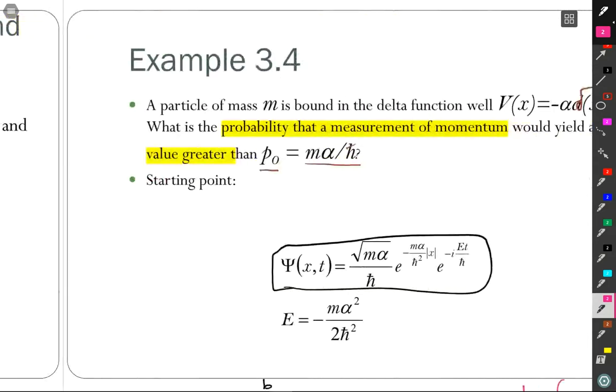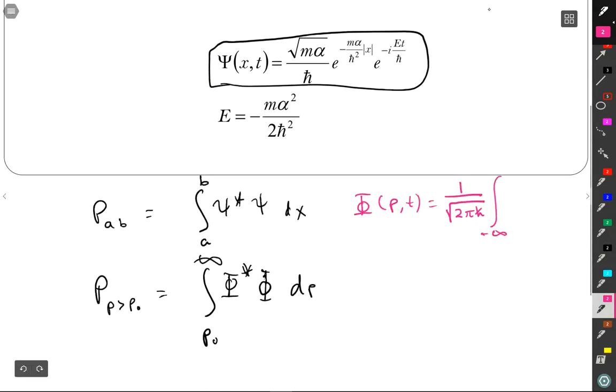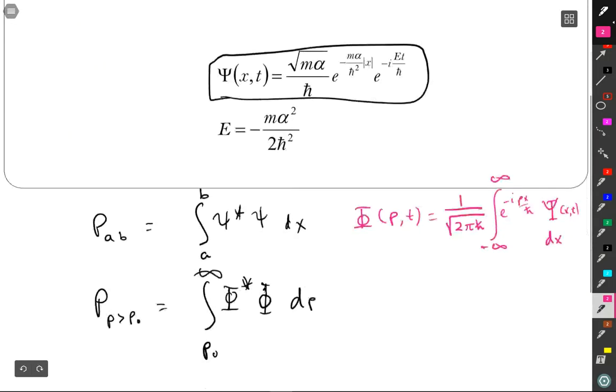So minus infinity to plus infinity of e to the minus iPx over h bar, and I'm integrating the x out of it. So here's the full equation, just because my handwriting's not as easy to read. And so now I have to actually do that.